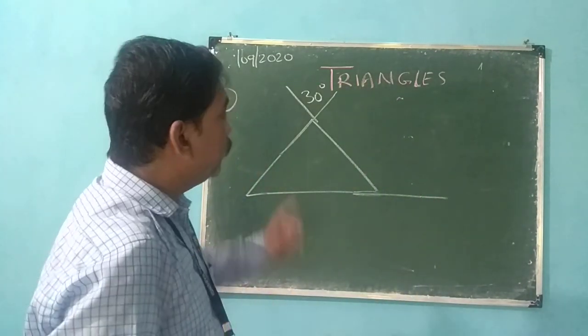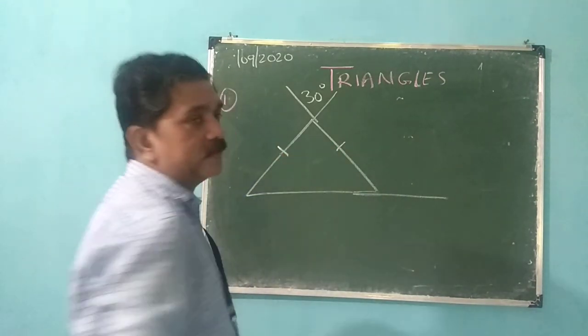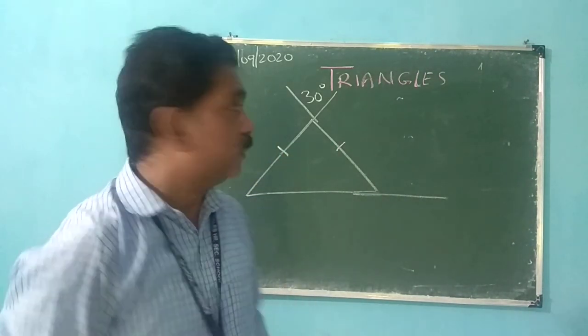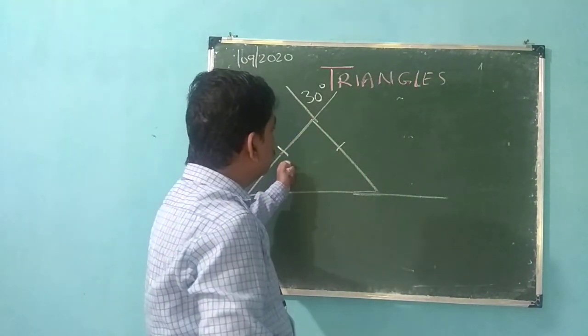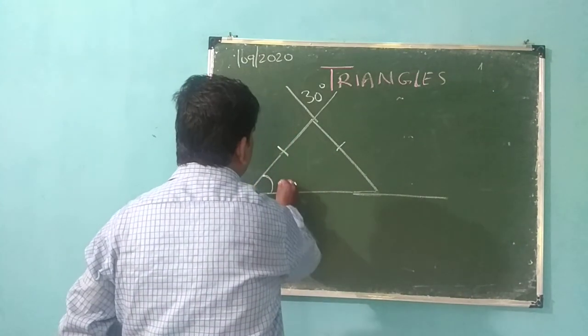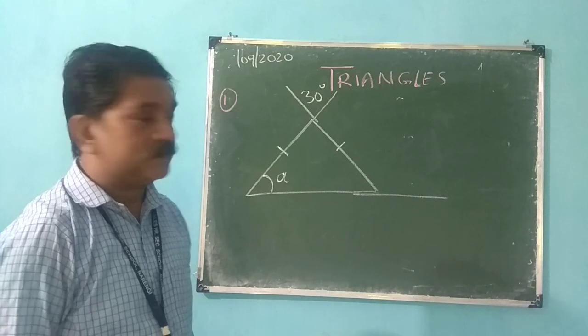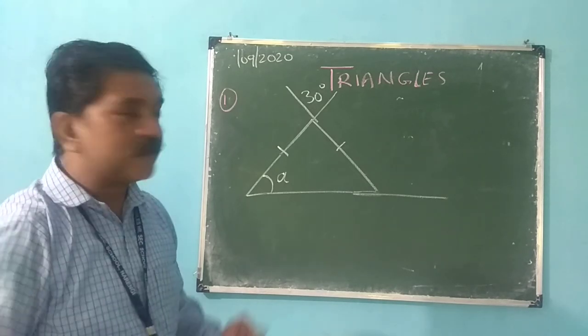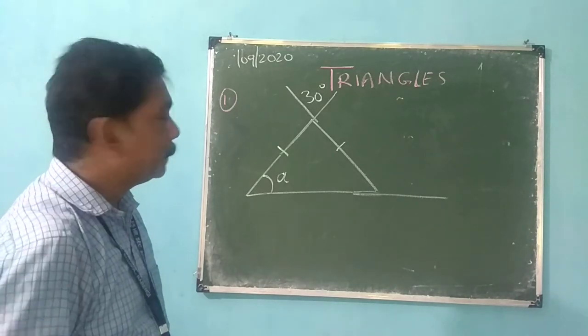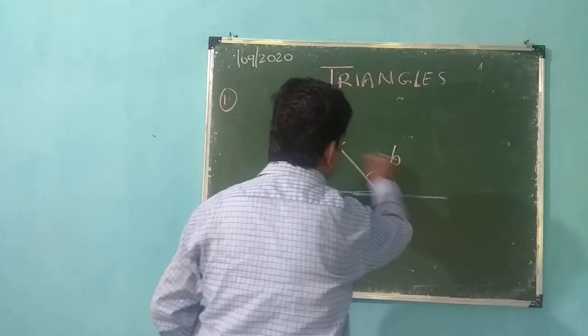Let us say these two sides are equal. It is 30 degree and these two sides are equal. How will you find out the value of A? Suppose the triangle is like this.